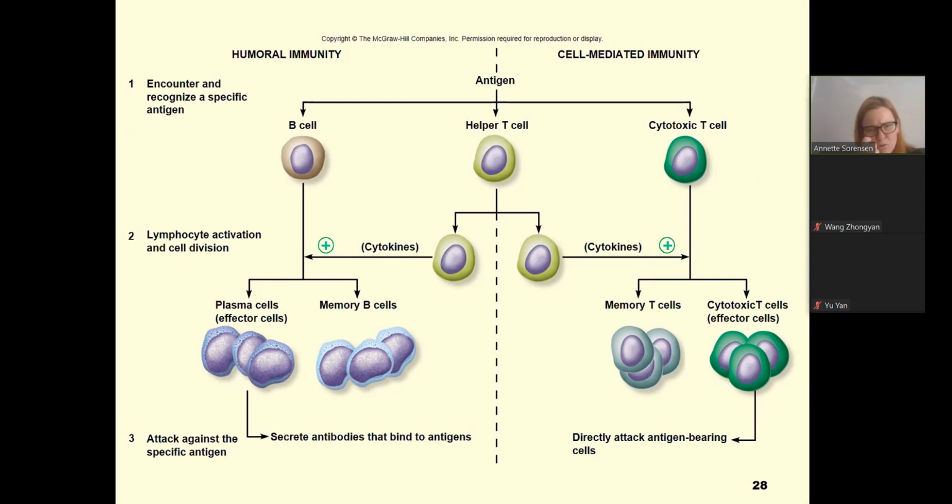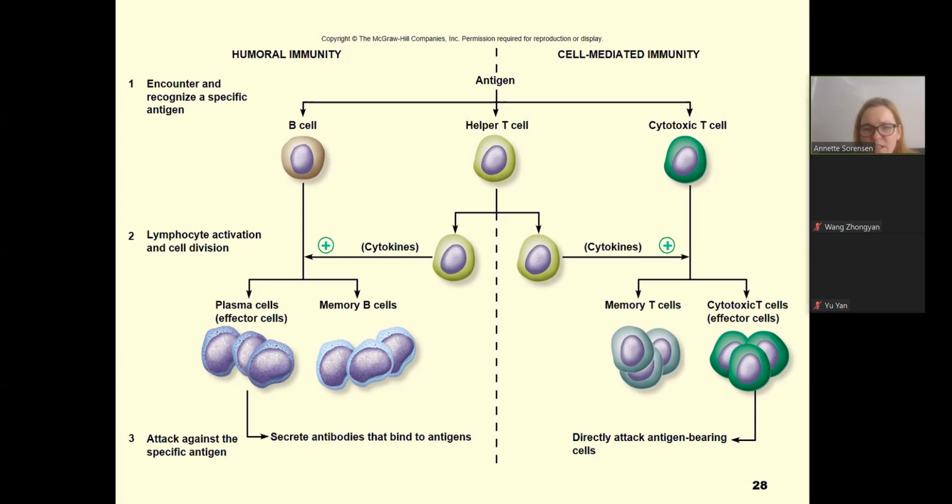Now, what also happens is that we get what's called memory B cells produced. So these memory B cells are cells which, if you encounter this antigen again, will very quickly proliferate and then find or search out this antigen.